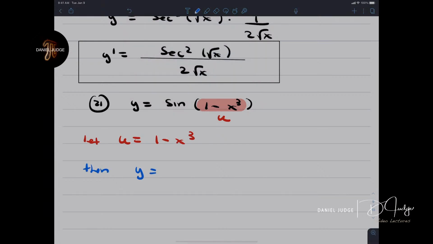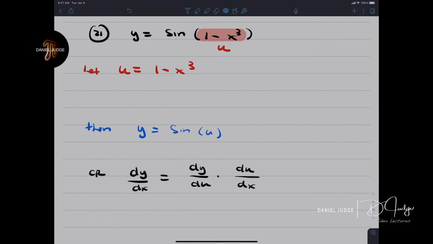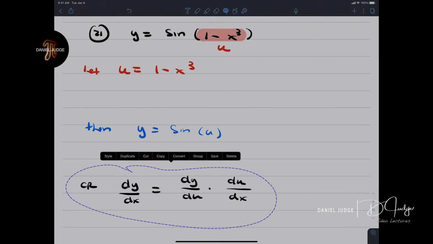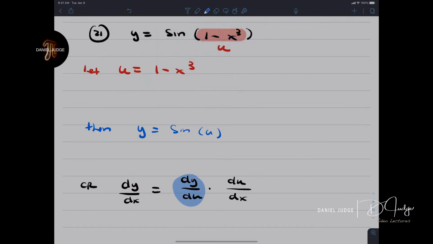Then y is simply sine of u. Chain rule. What's in blue times what's in red.